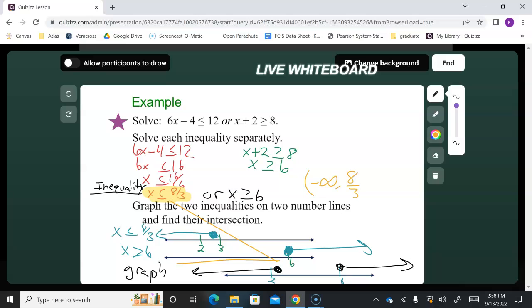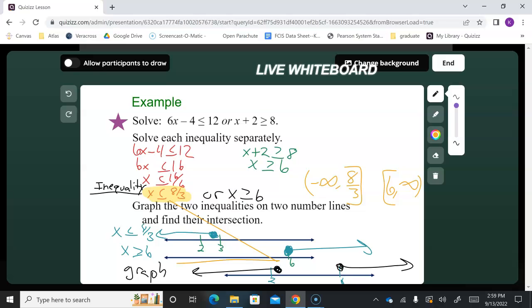Infinity always gets parentheses. What's the 8/3 going to get? Parentheses or bracket? Bracket. Now, the one on the right. Where does it start? Starts at 6. And it goes to what? Positive infinity. Okay, again with the parentheses and the bracket.